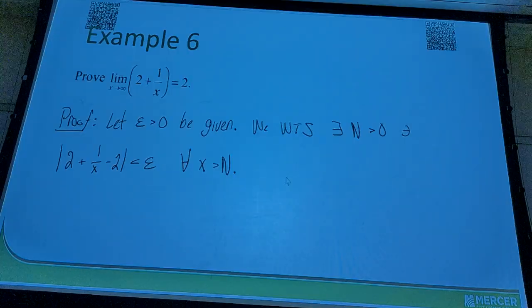So you're picking a point on the x-axis such that your function 2 plus 1 over x is within epsilon of 2 to the right.